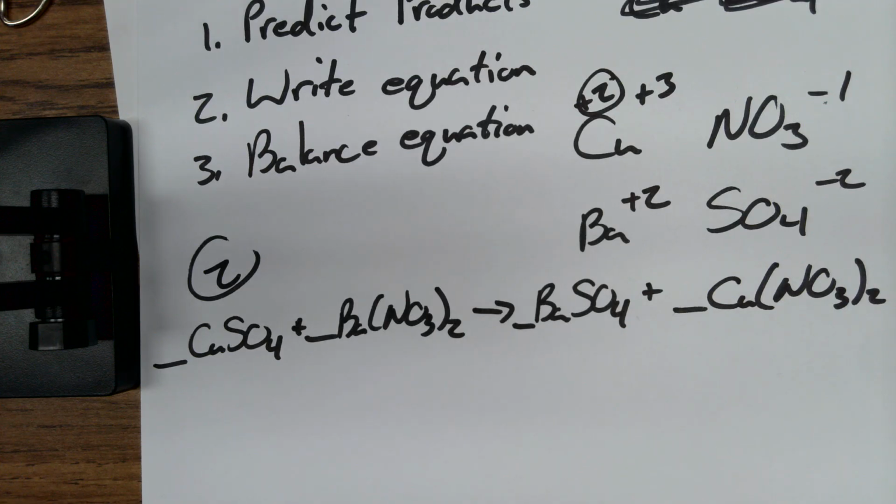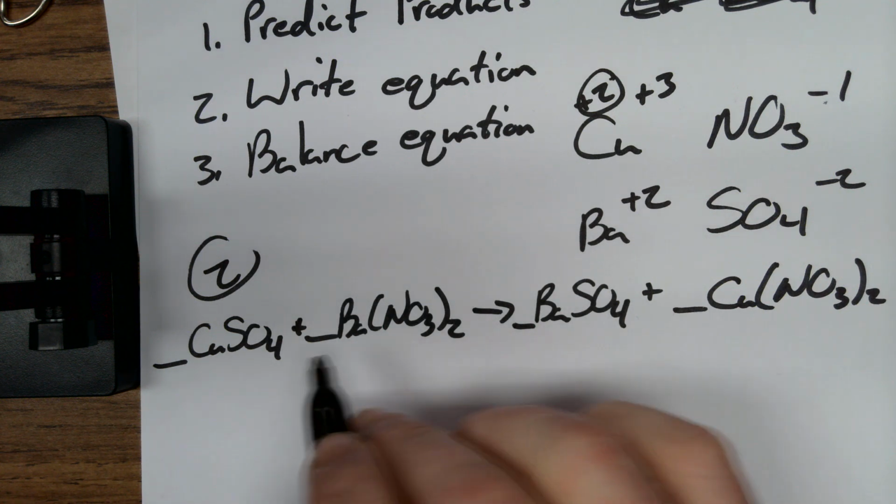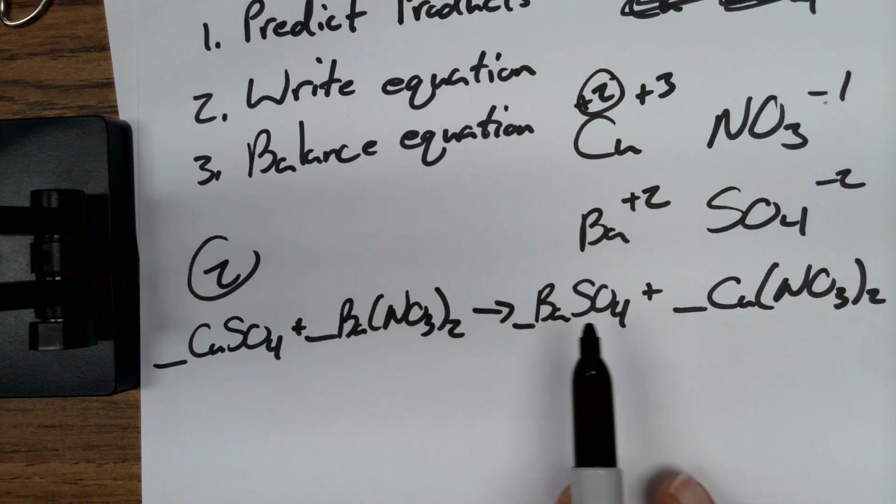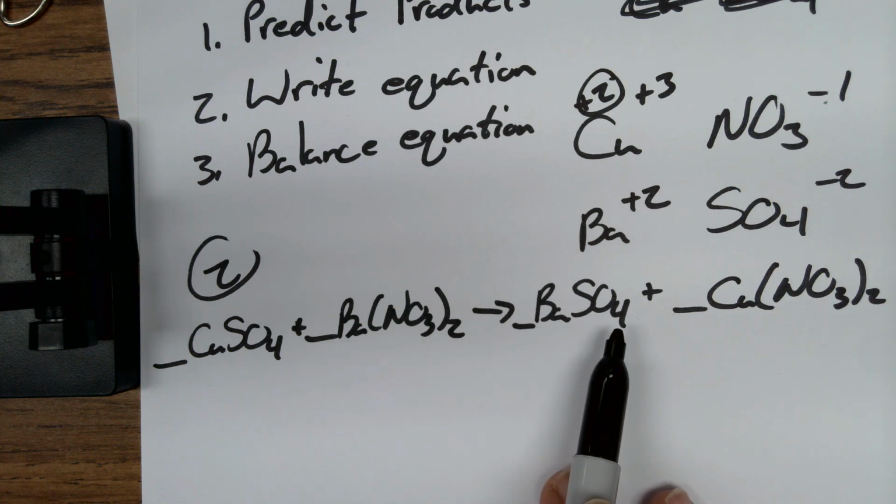Now, I'm in a very interesting spot. I could, in theory, treat each atom as its separate thing and count up to 5 different atoms. Copper, sulfur, oxygen, barium, and nitrogen. But I am a big brain individual that goes to Mr. Wiseman's class on a regular basis. And Mr. Wiseman tells us, hey, you don't have to count the polyatomic ions' elements separate of each other, if they're in my reactant and in my product.